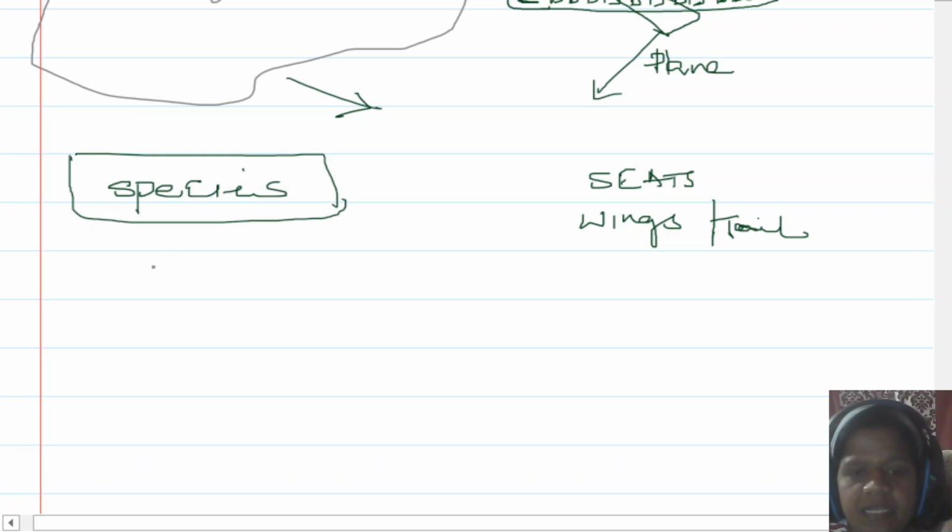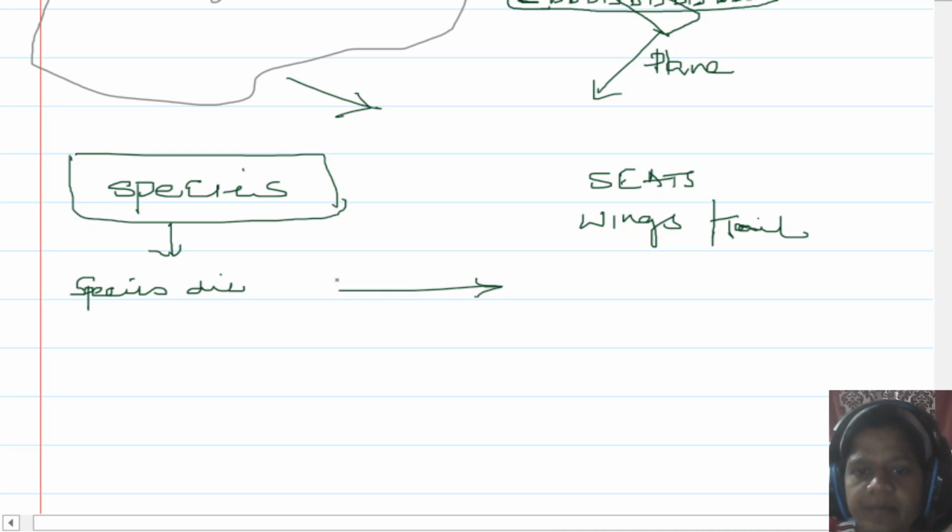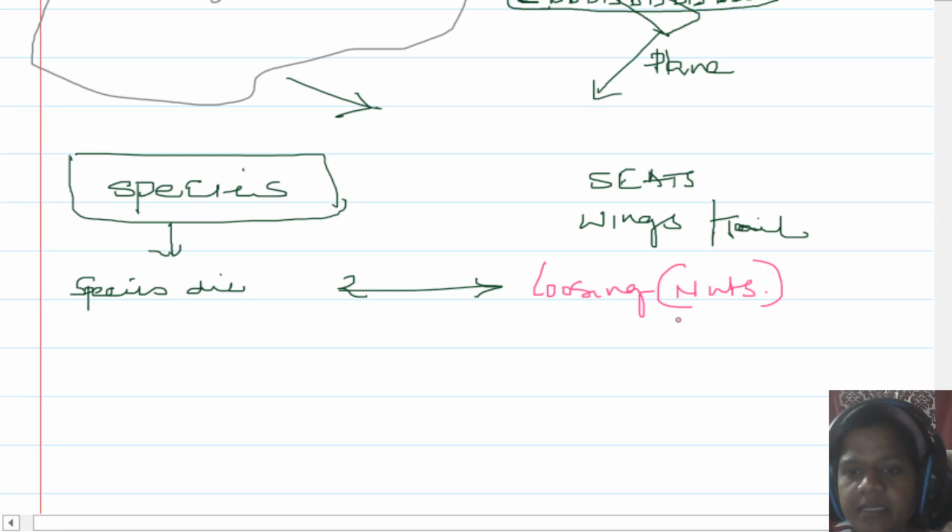But let's say some of the species here die. This he compared to losing some nuts. These we call rivets. It is like losing some of the rivets. He is comparing these to an ecosystem with an airplane.